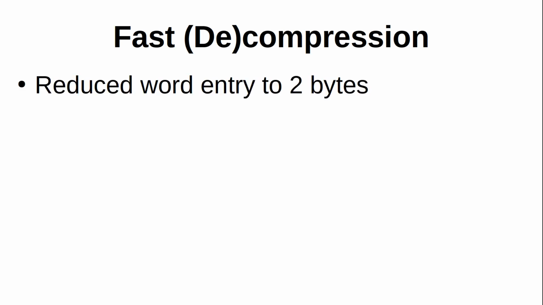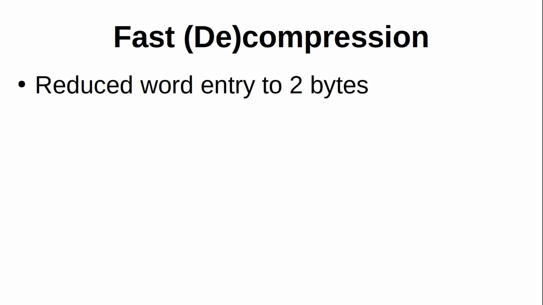I had to come up with a way of doing fast compression and decompression of words in this word list. And one thing I had thought of before, and other folks had mentioned too, is that you really only need 2 bytes for each word. And so how do we do that?